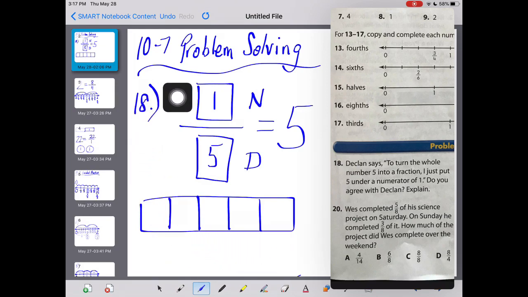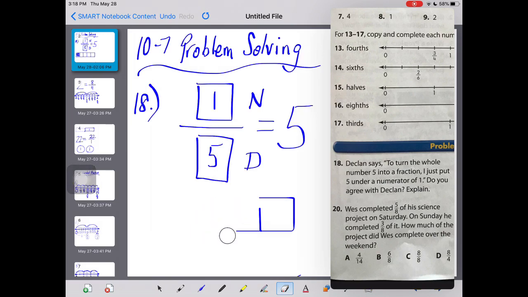The numerator says how many pieces you are describing. In this case, it's 1. So this is actually showing less than 1. This is just showing 1 out of 5 pieces of one whole instead of 5 whole pizzas.